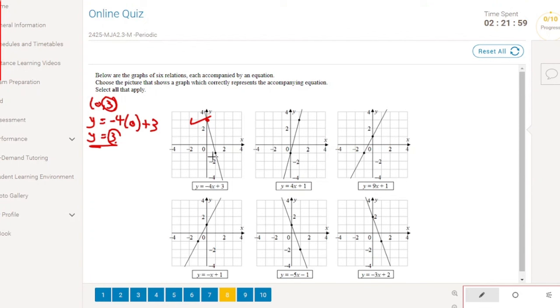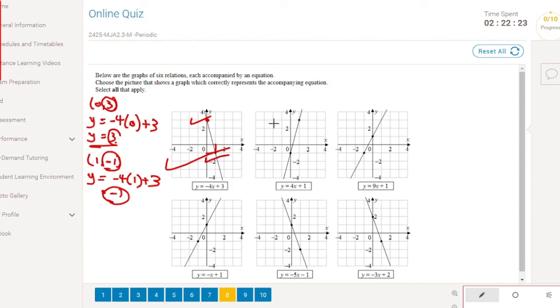Let's take the second point, which is 1 and minus 1. Apply in the equation. So minus 4 multiplied by 1 plus 3 will equal minus 1. So minus 1 equals minus 1. So this is the right graph because the second point also is right.